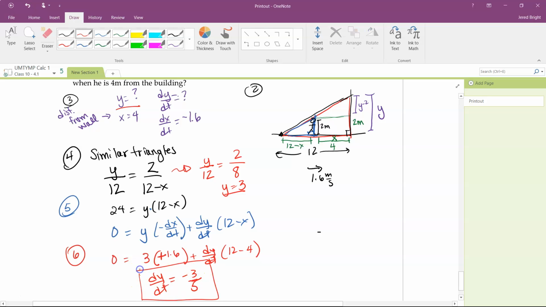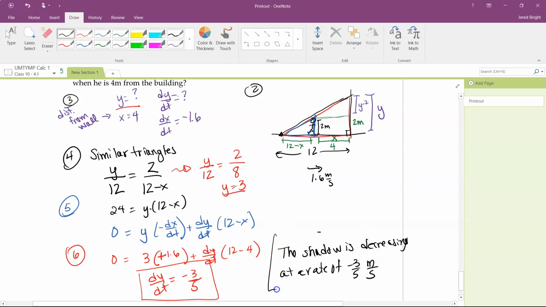This is consistent with the length of the shadow decreasing. So I would say the shadow is decreasing at a rate of negative 3/5 meters per second.